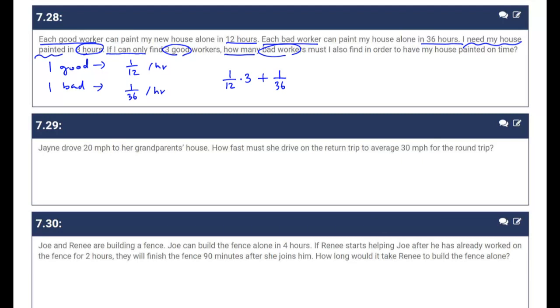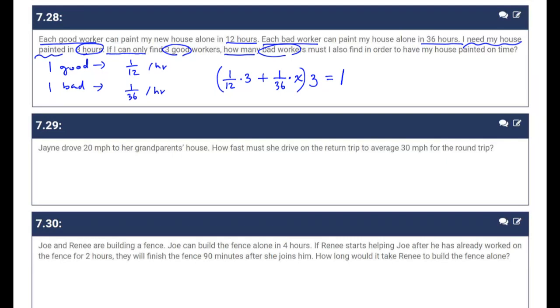And how many of them are there? We don't know. That's what we have to find. So this whole thing will be how much can be done with the bad workers and good workers combined all together. Now, that's for every hour. So if you multiply that by 3 hours, which is the time we have, that should complete the house, which is 1, meaning the whole house, right?